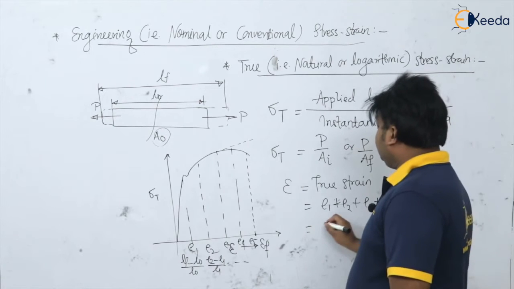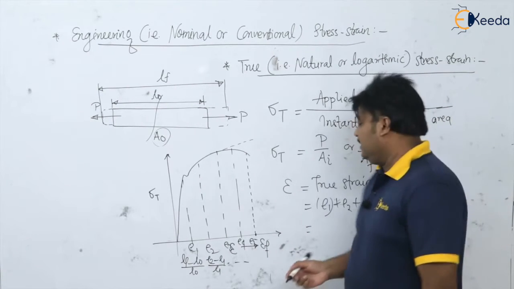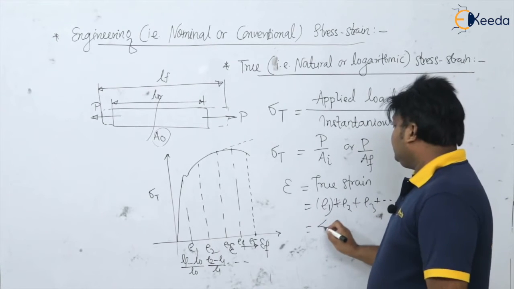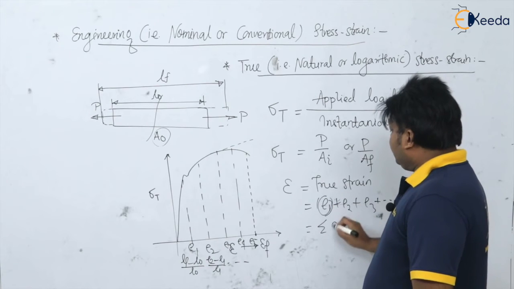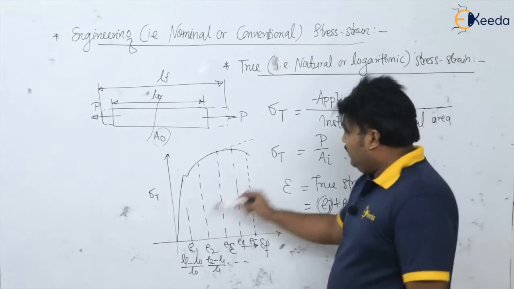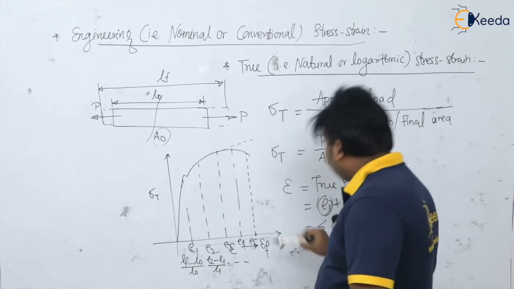So I can write like this, because E is nothing but what? Change in length divided by original length. So everywhere there is a change in length divided by original length, but it is a summation, so I can write dl upon L, isn't it? And when I want this true strain, it is nothing but the summation of all the strains.